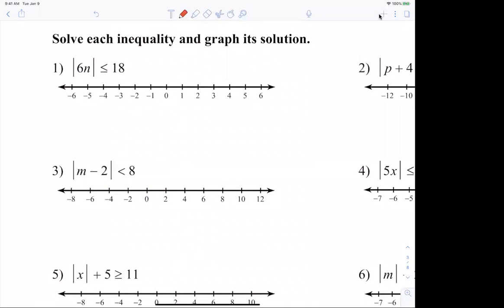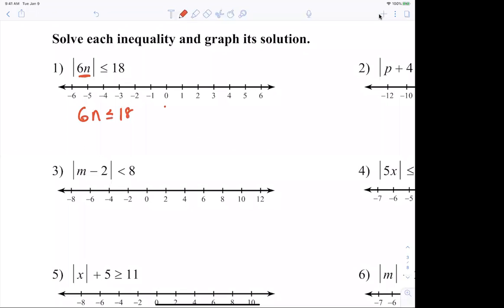Now, your absolute value inequality, we did this also last year, so it's not a big deal. The rule was you leave off the absolute value and just rewrite it as 6n is less than or equal to 18.